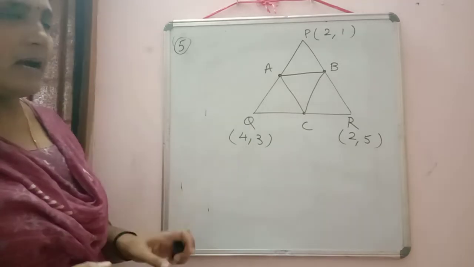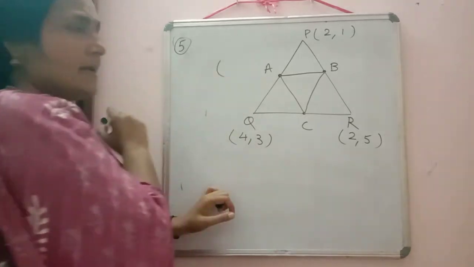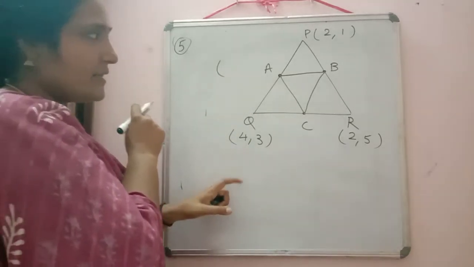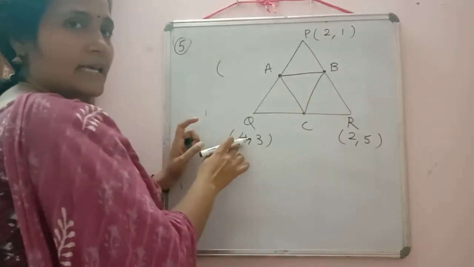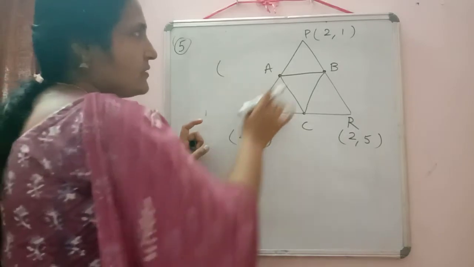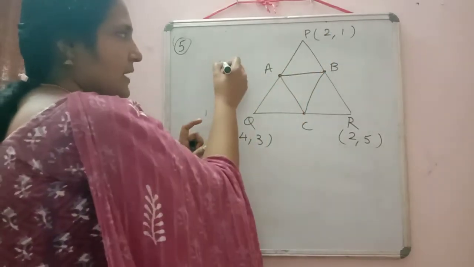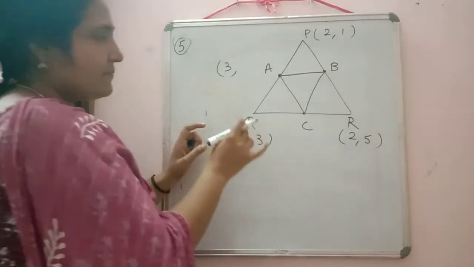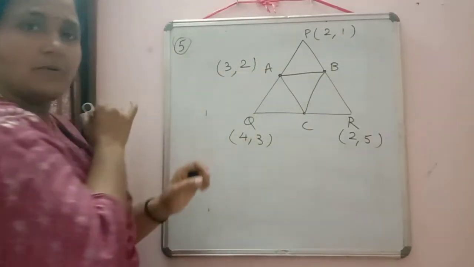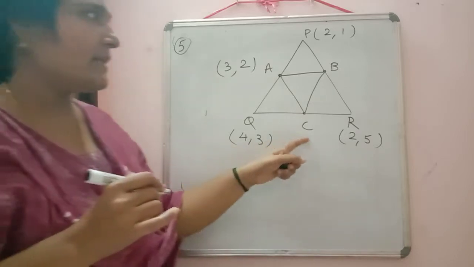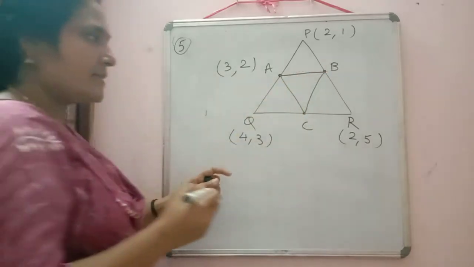That formula I am not writing; directly we are writing the coordinates. To get the x coordinate of A, x1 plus x2 divided by 2. So 4 plus 2, 6. 6 by 2 will be equal to 3. Then 3 plus 1, 4. 4 by 2 is equal to 2. In the same way, we will get the coordinates of B and C also.